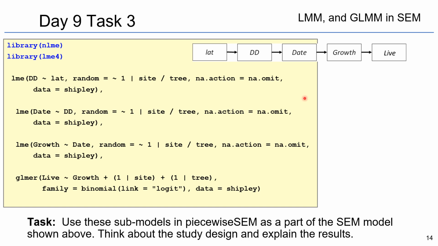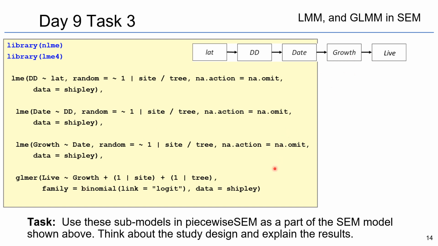Here on this slide, I show you the separate submodels which you have to string together in the piecewise SEM package. So here is the first submodel where your DD variable is affected by latitude, you have this piece, but note, think about the mixed effect here in each submodel. And the next one, date, is affected by DD variable, growth is affected by date, and variable live is affected by growth.